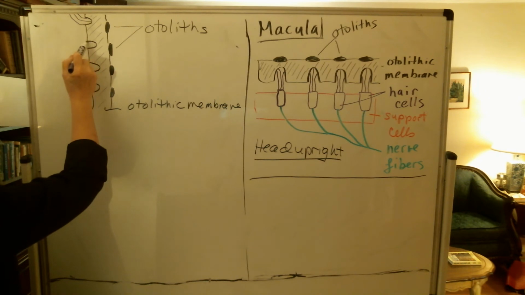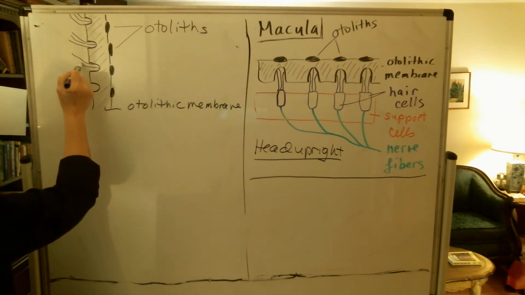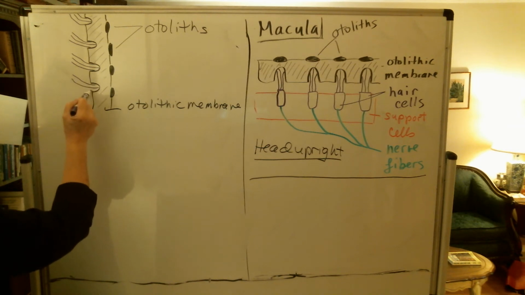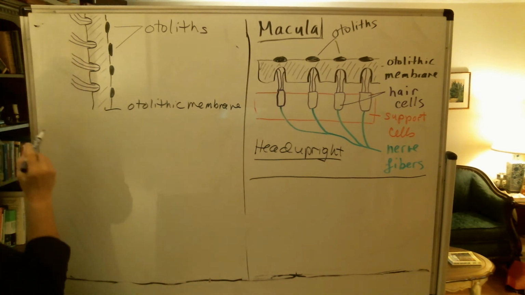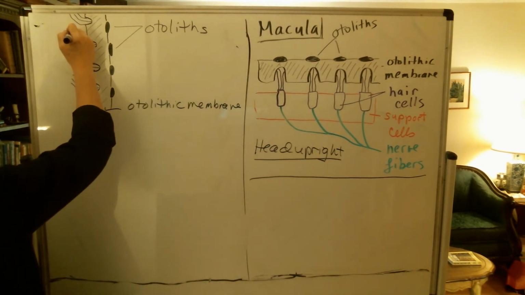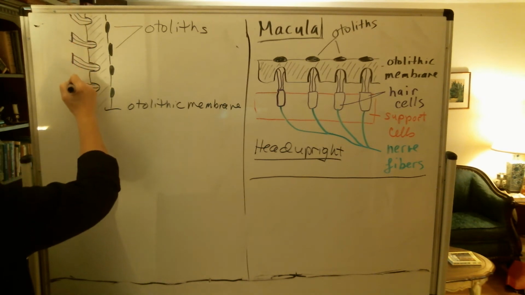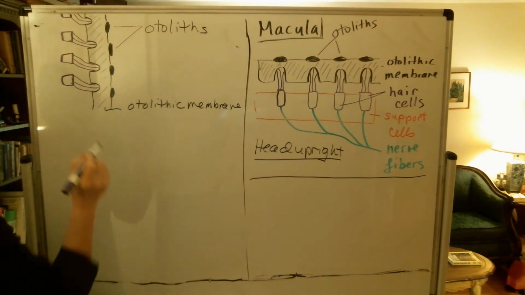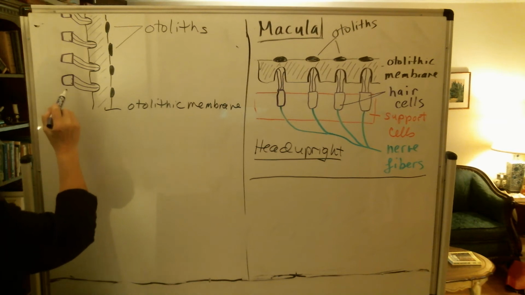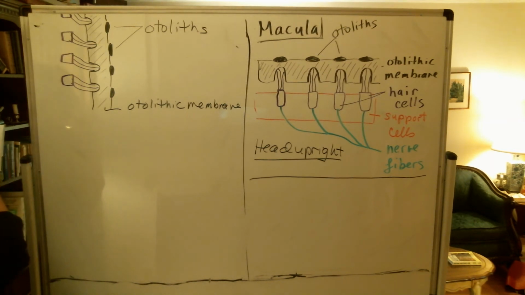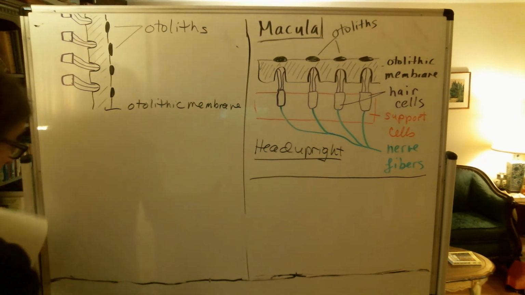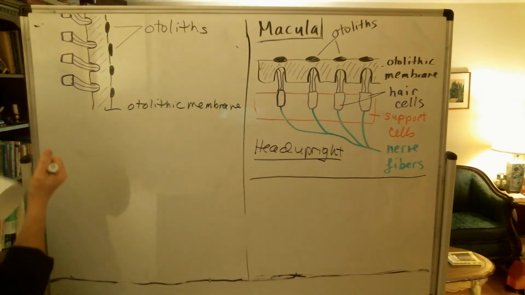You can't even see that. There we go. And then here, so then here we have the hair cells. Here we have the nerve fibers.